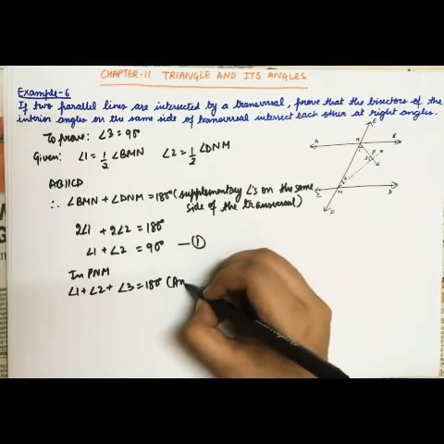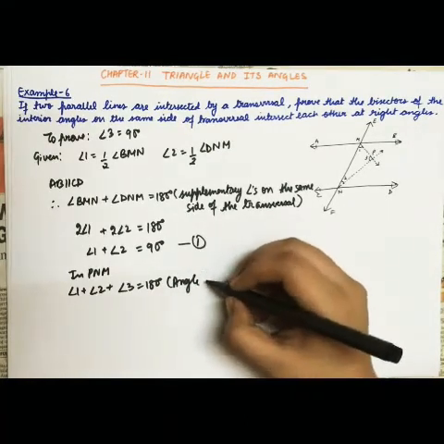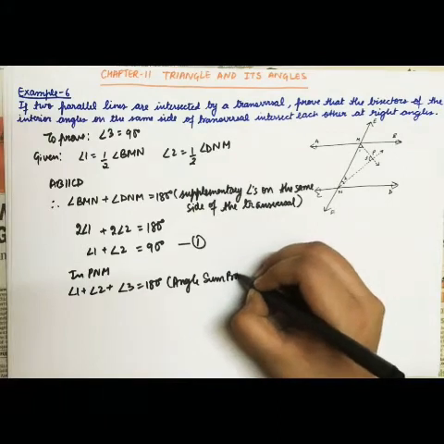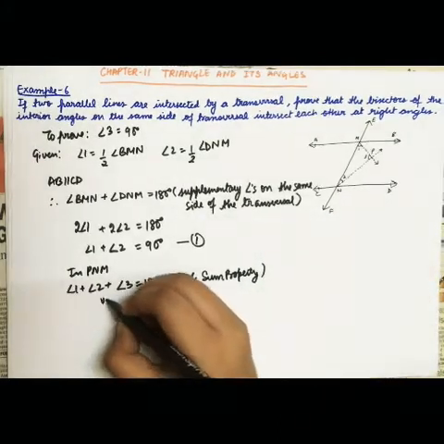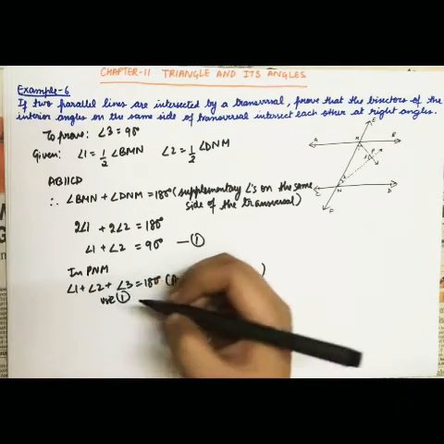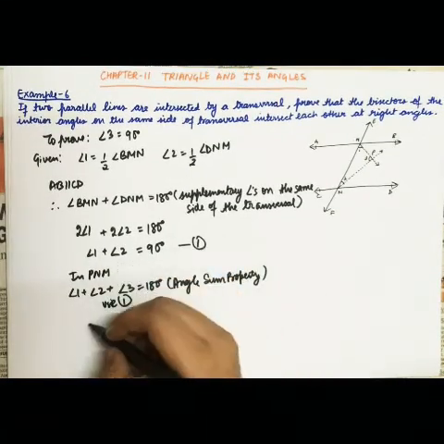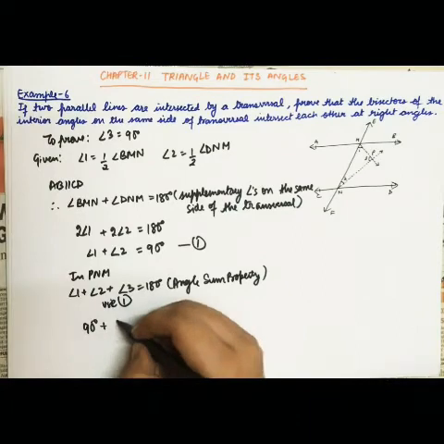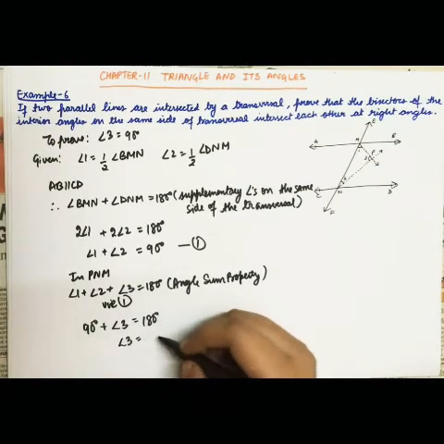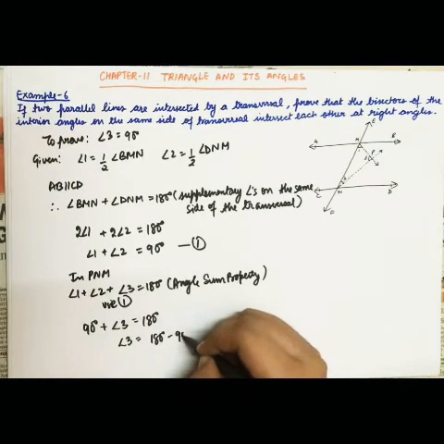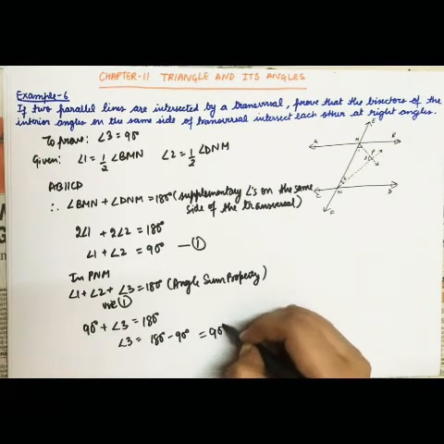Why? Because of the angle sum property. Now we will use 1, which means angle 1 plus angle 2 is 90 degrees, plus angle 3 is equal to 180 degrees. Angle 3 is equal to 180 degrees minus 90 degrees, which is equal to 90 degrees.